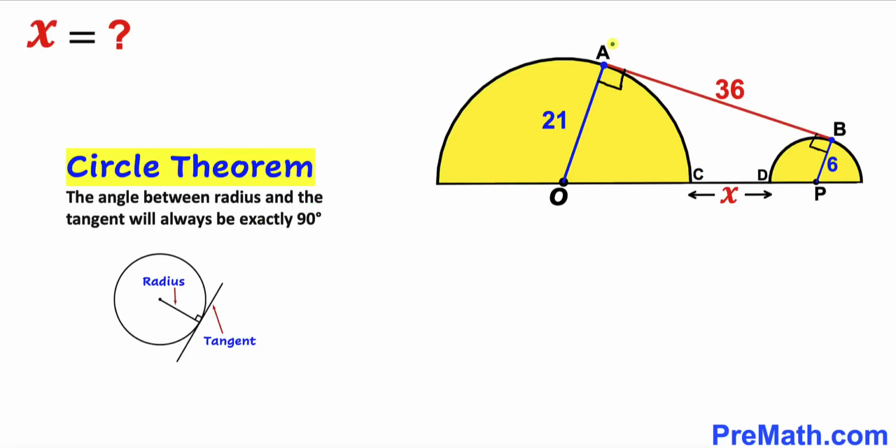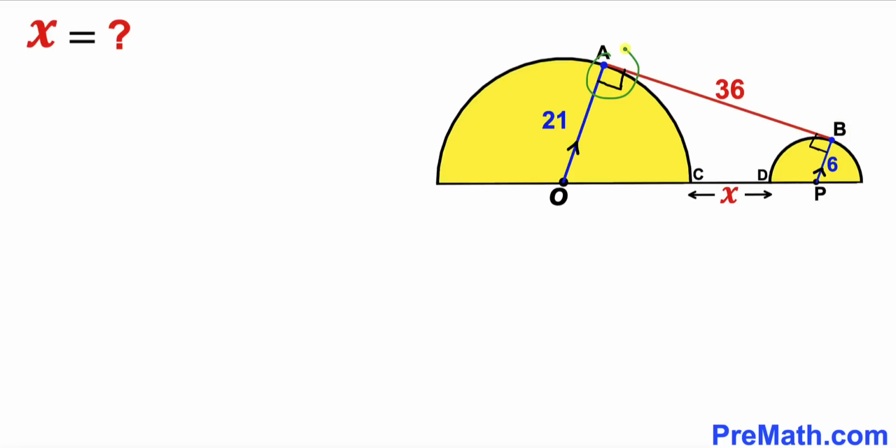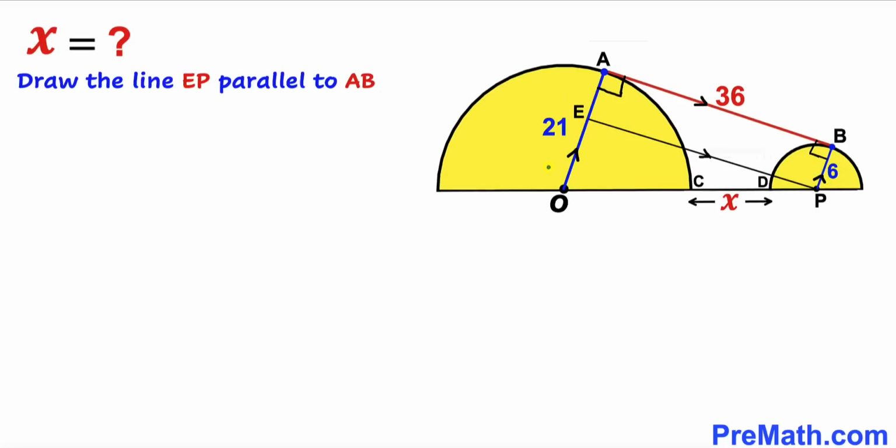So no wonder these angles are going to be 90 degrees each. And since both of these angles are 90 degrees, both of these radii OA and PB are parallel to each other.